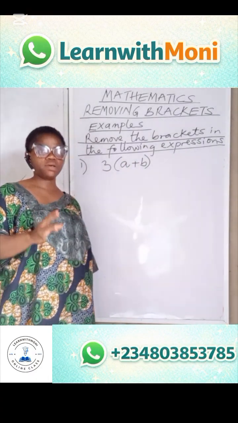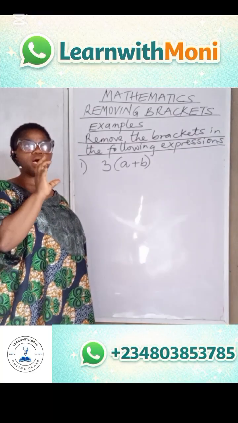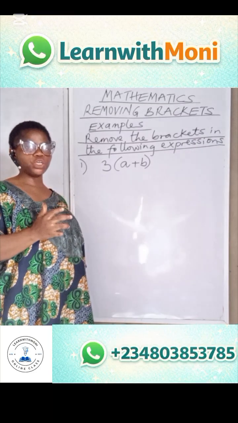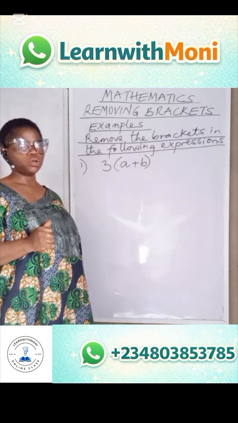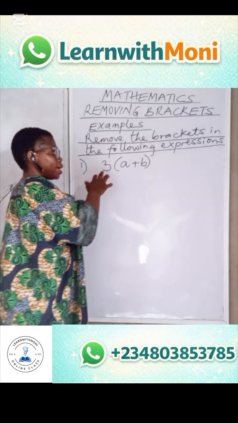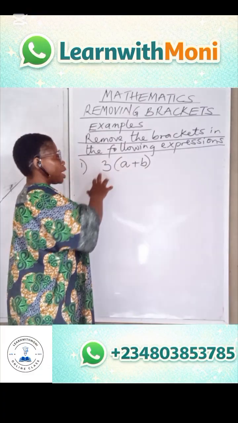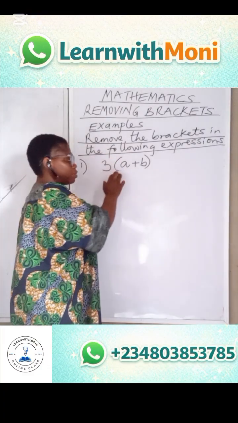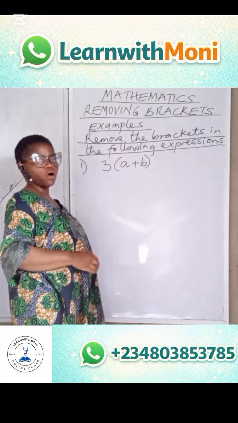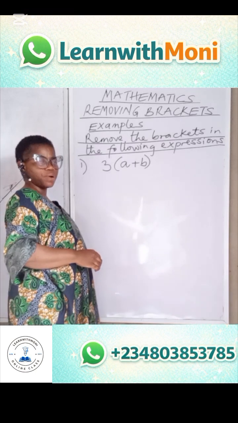Generally in mathematics, brackets indicate multiplication as an operation. So when I have 3 bracket a plus b, it means the 3 outside is multiplying all the terms inside the bracket.